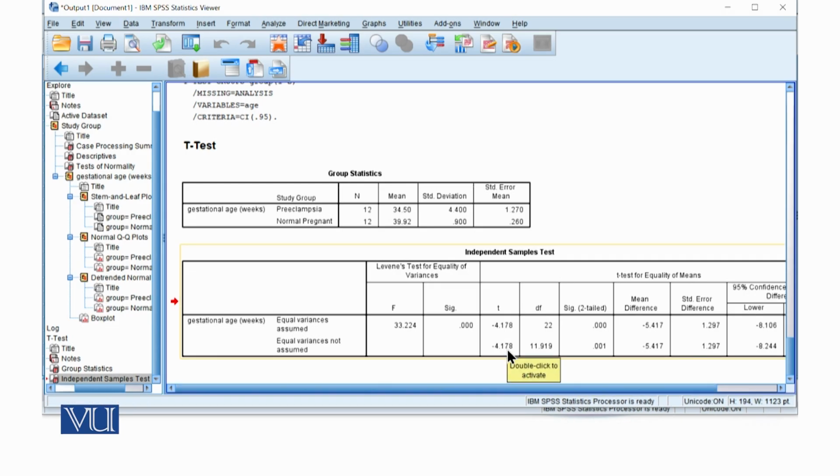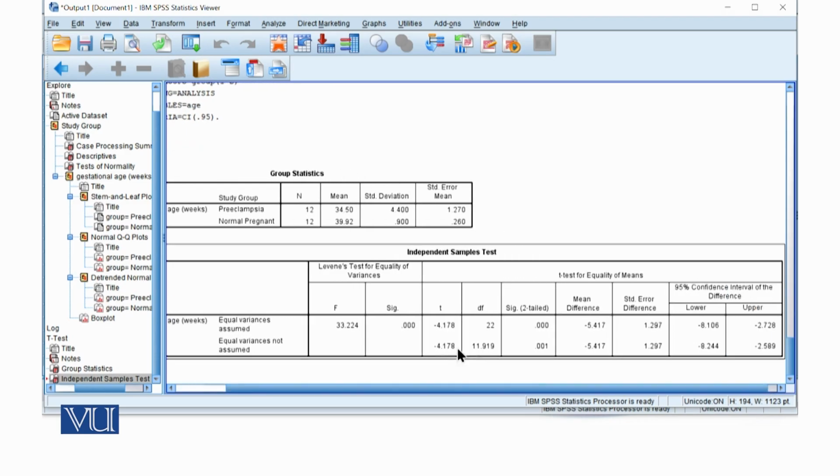Since it's a t-test, our t-value is minus 4.178 with degrees of freedom 11.919, and the p-value is 0.001, with mean difference minus 5.417, and the standard error of the difference and the confidence interval for the difference are given right there.